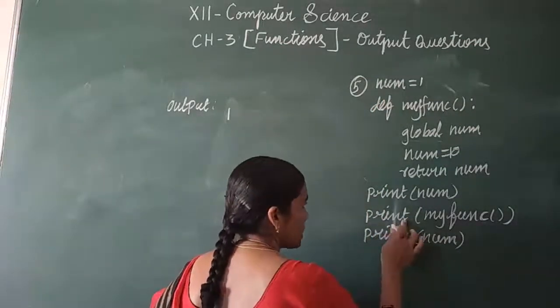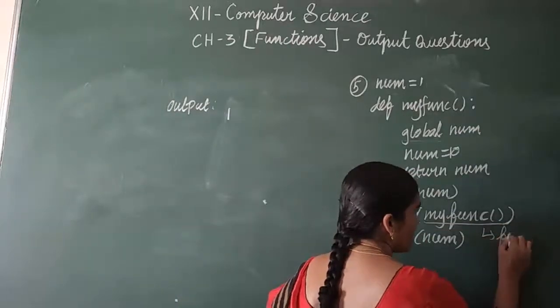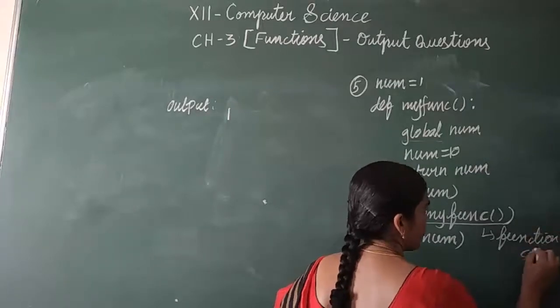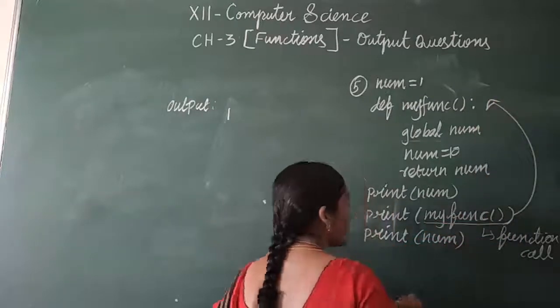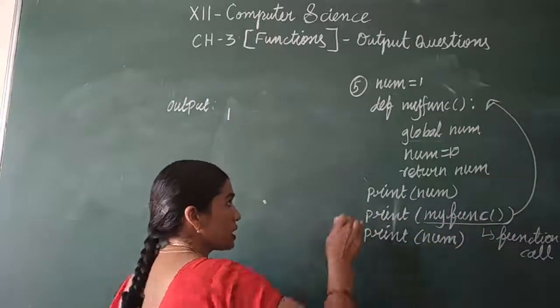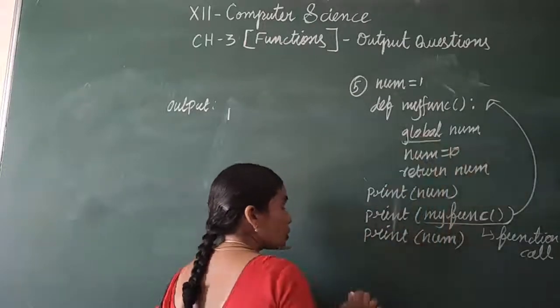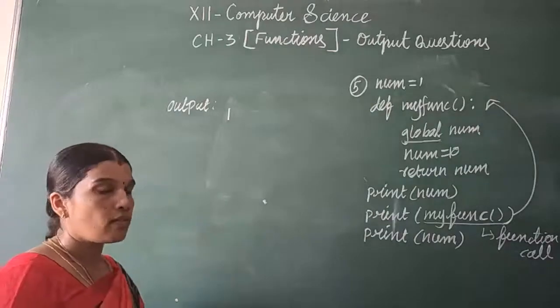Next, the print of my function. So this is what? Function call. Immediately the control will move here, that is the function definition. What statement do we use? That is global num. This keyword is used to change the global variable value inside the function.